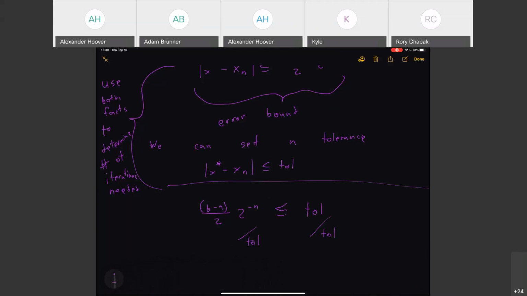And what else? I could also divide by 2 to the negative n.